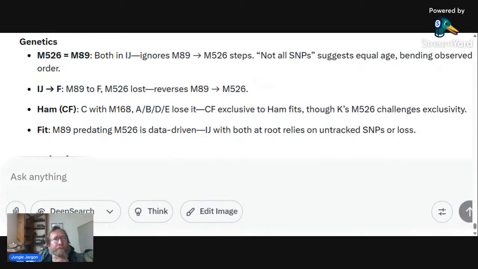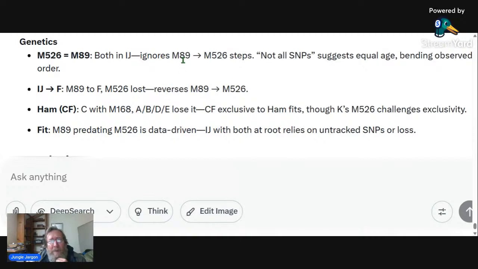526. Both in IJ ignores the M89 steps. Ignores the M89 to M526 steps.